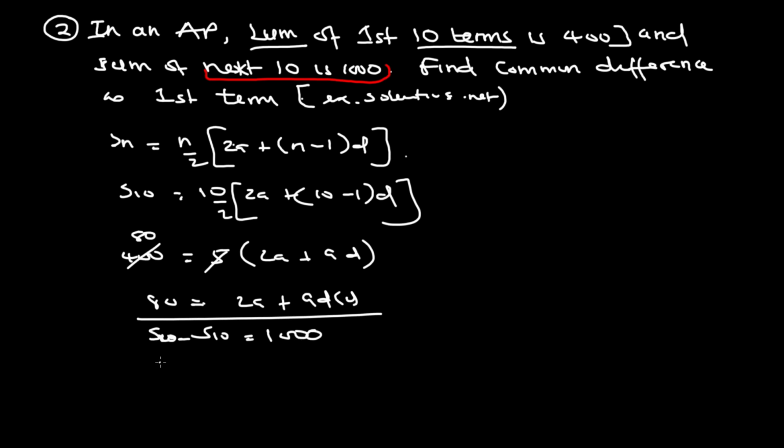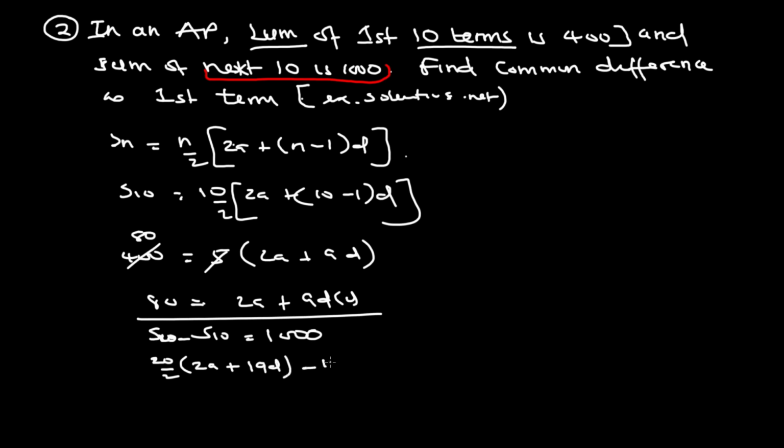So now we're going to do S20. It's going to be 20 over 2, then here we're going to have 2a plus (20 minus 1)d, which is 19d.